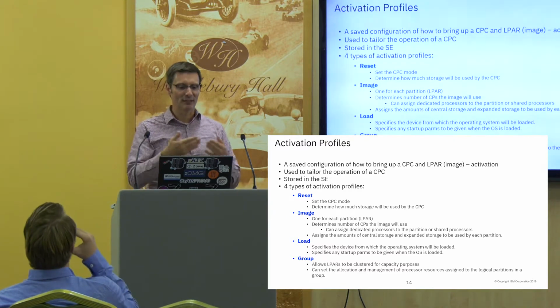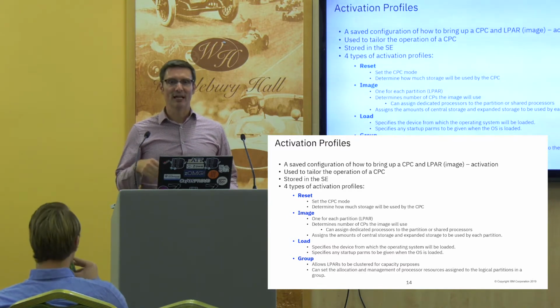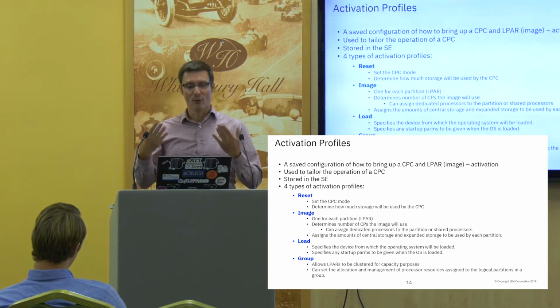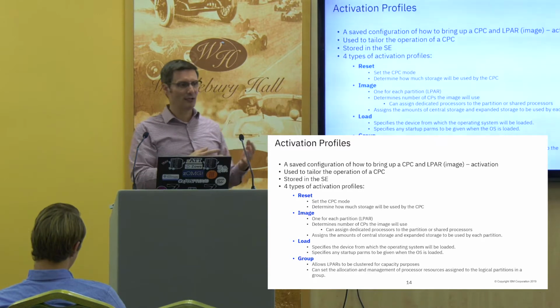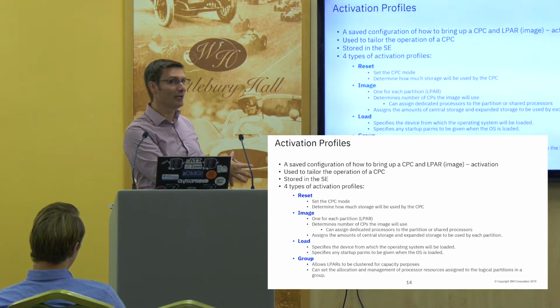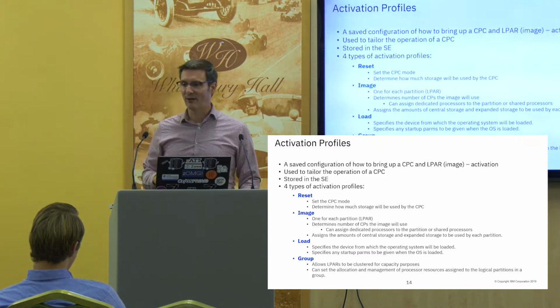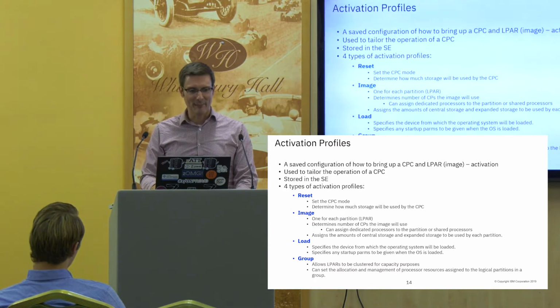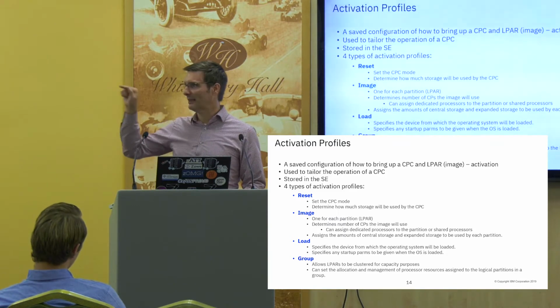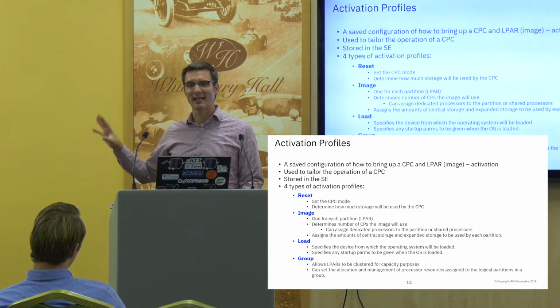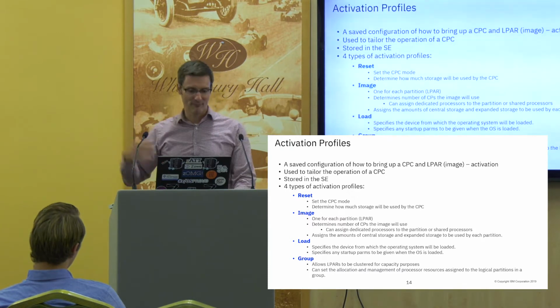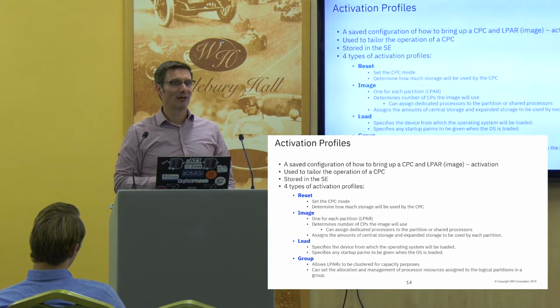So I have these different types of activation profiles that allow you to have a saved configuration such that if I need to re-IPL an image or customize the resources for an image, I can use one of these profiles. It's a saved configuration. I don't want to have to specify all of the parameters every time I re-IPL a system. I want it saved away so I can just say re-IPL like I always do, and it'll just do it.